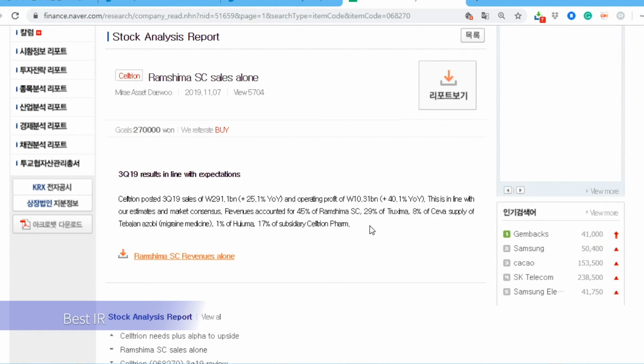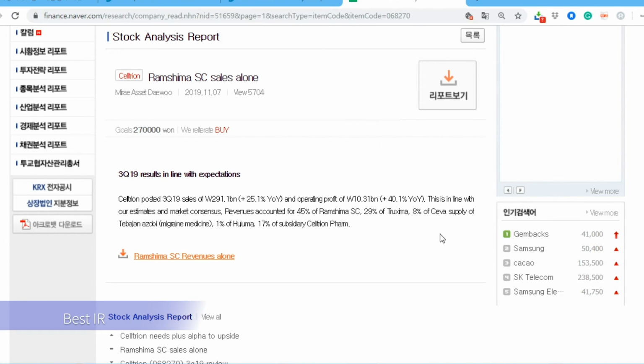Celltrion posted third quarter 2019 sales of 291 billion won, which is 25% up from the same quarter last year, and an operating profit of 10.3 billion won, which is also 40.1% up year on year.